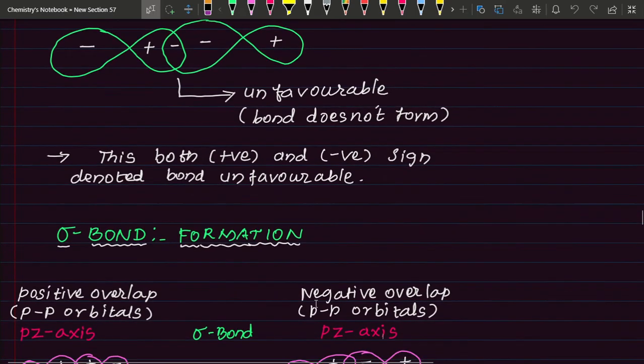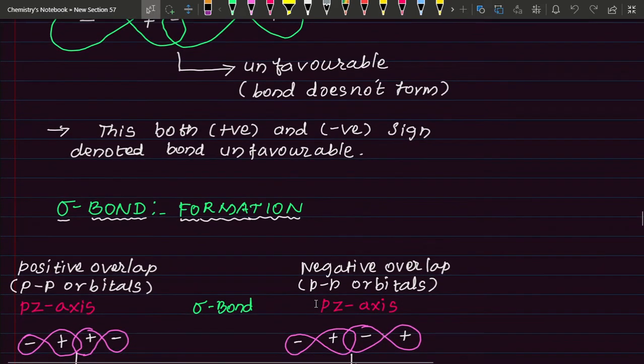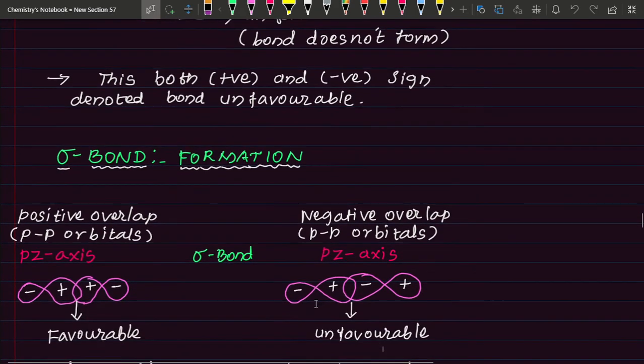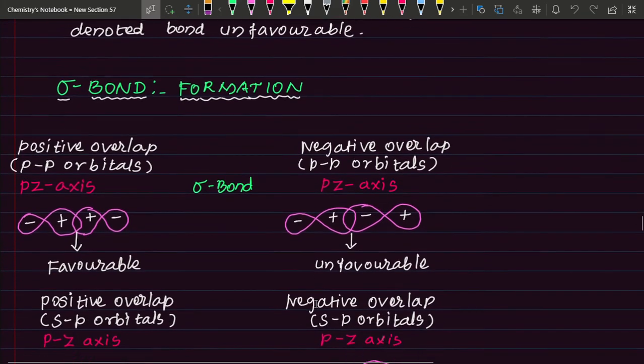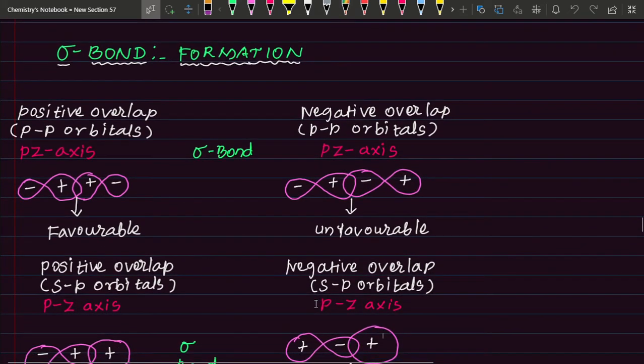Next, sigma bond formation. This is the positive overlap, and this is the negative overlap. We know that p orbitals combine head on along the pz axis. This is the sigma bond, pz axis.